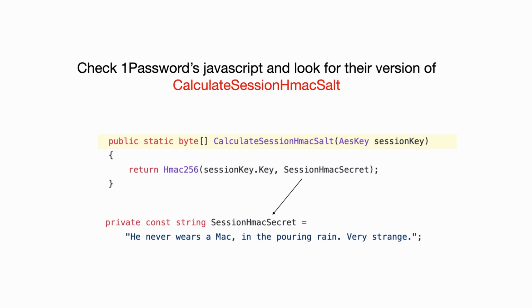And we happen to know that it will certainly be passed to a function along with the fixed secret HMAC value. So we can just search in 1Password's JavaScript and look for the same function.